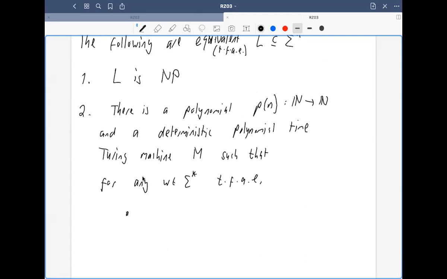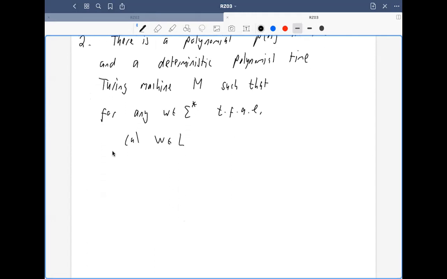Firstly, W belongs to the language L, and B, there exists a certificate, which I'll use V for, which belongs to sigma star.